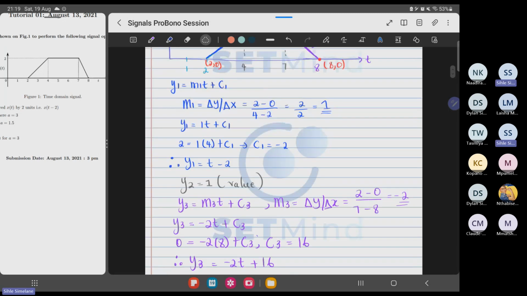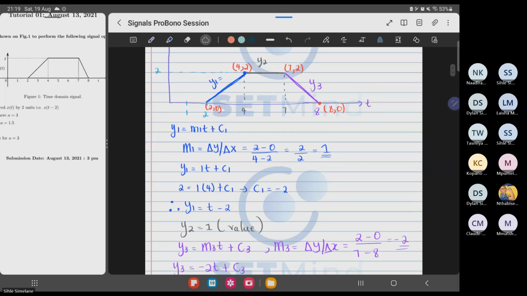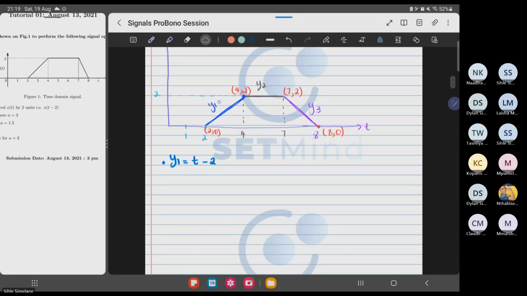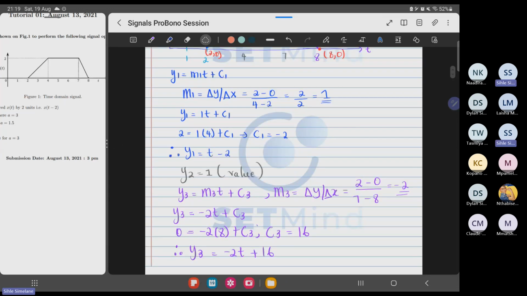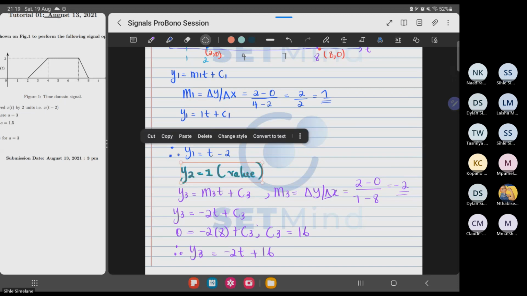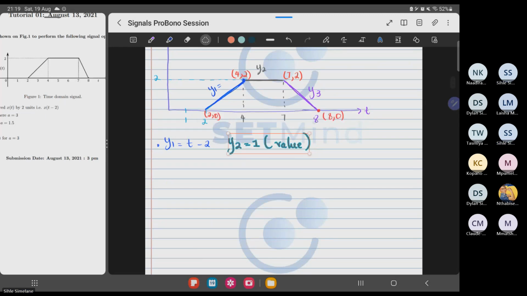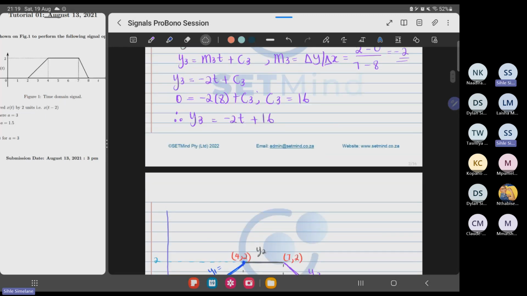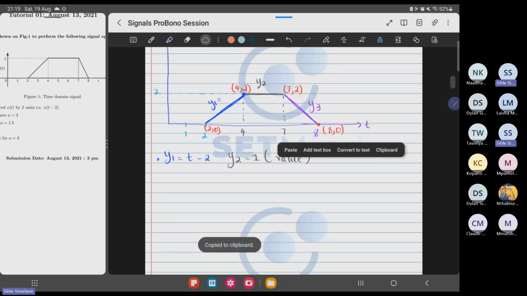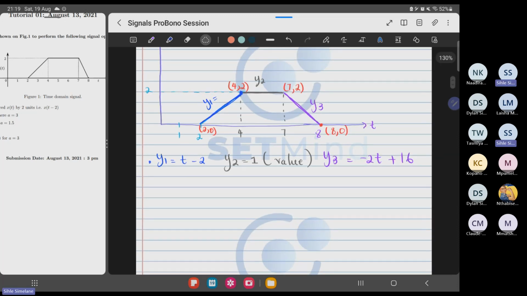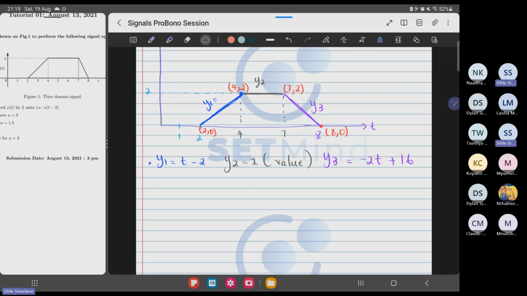And then let me copy my Y1, which is that, and let me paste it here below. And then where's my Y2? Let's paste it here. Then lastly, let's paste our Y3. So there you go. That's our Y1 and Y2 and Y3.